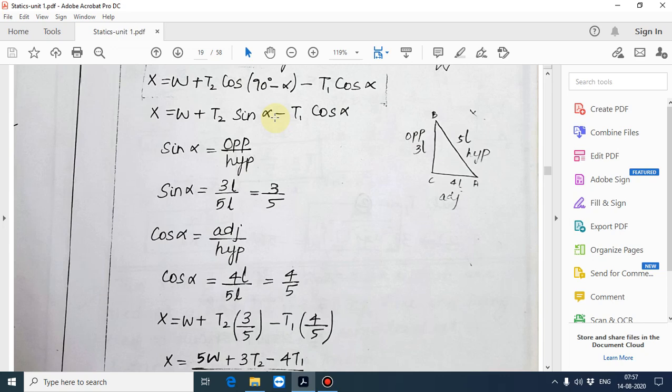You know that sine is opposite by hypotenuse and cos is adjacent by hypotenuse. Sin alpha is opposite by hypotenuse, that is 3L by 5L, so 3 by 5. Cos alpha is adjacent by hypotenuse, 4L by 5L, that is 4 by 5. Substituting sin and cos, x is equal to W plus T2 times 3 by 5 minus T1 times 4 by 5.